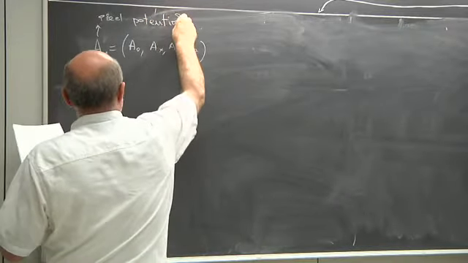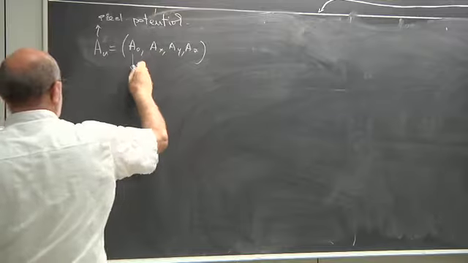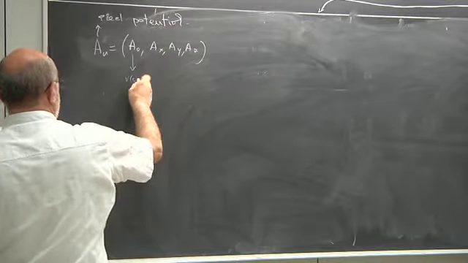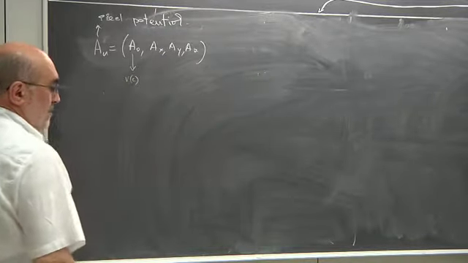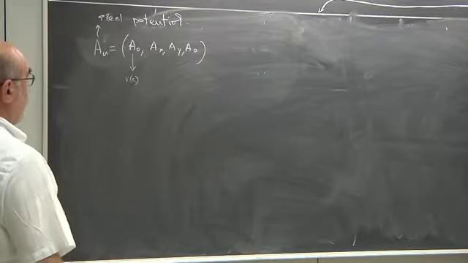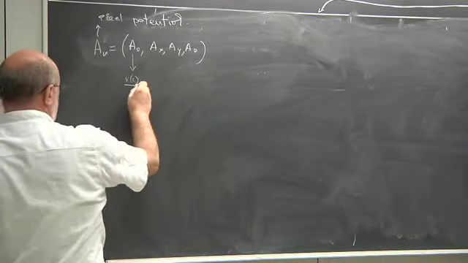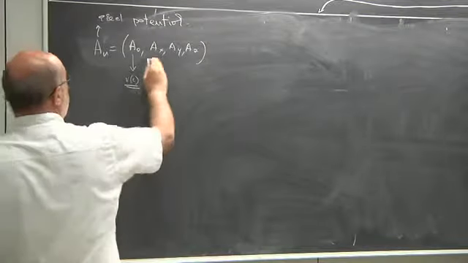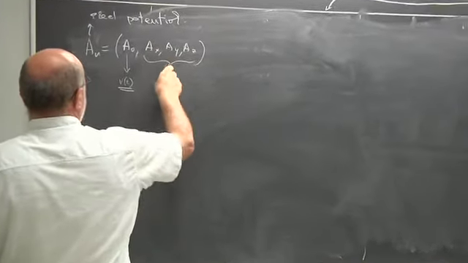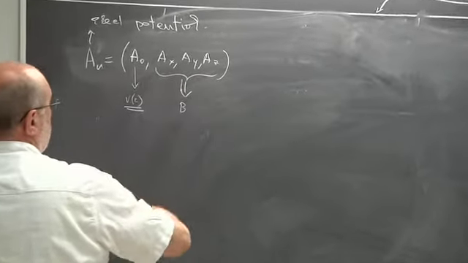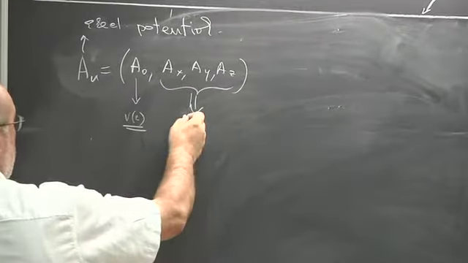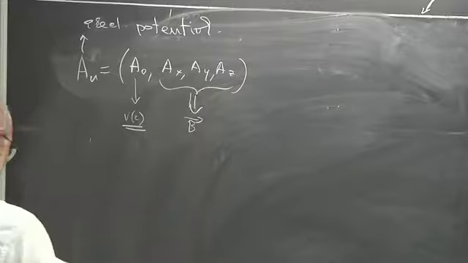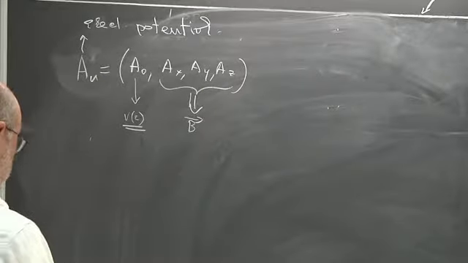You can introduce a 4-vector, where A0 is related to the normal electric potential from which you derive the electric field, and the vector part, via its curl, is related to the magnetic field. So there is a 4-vector notation for that too.